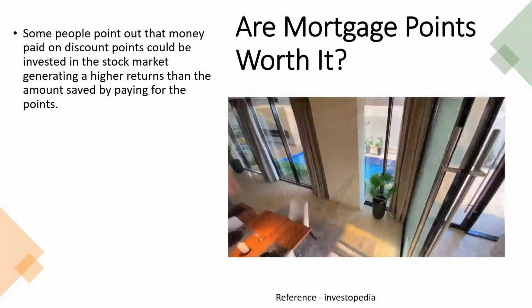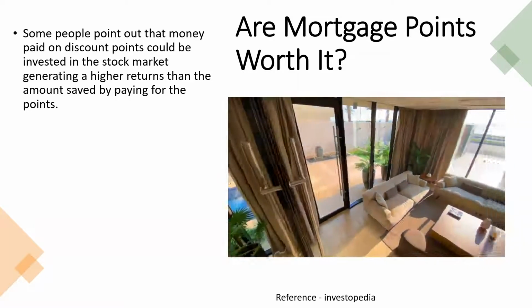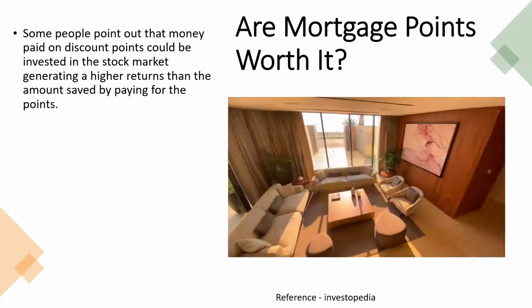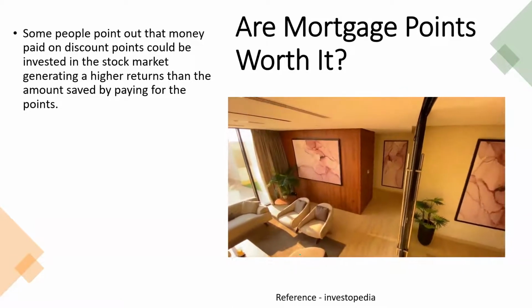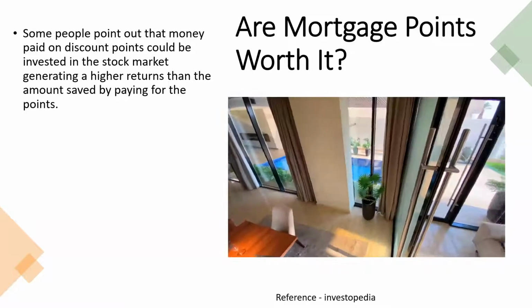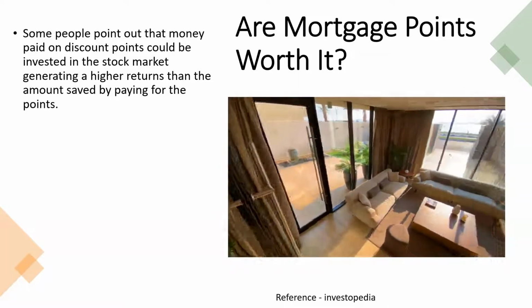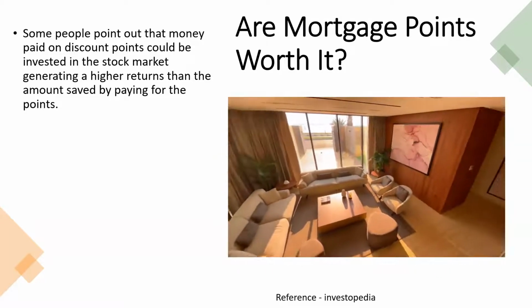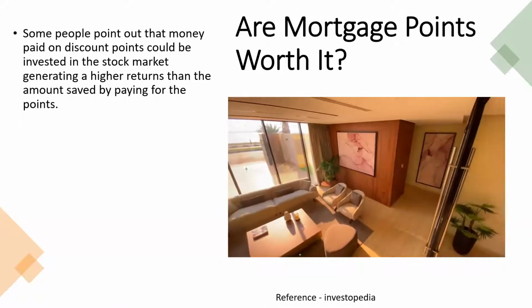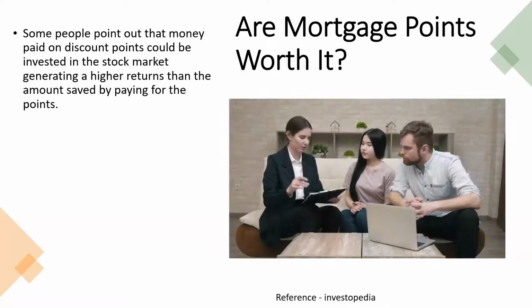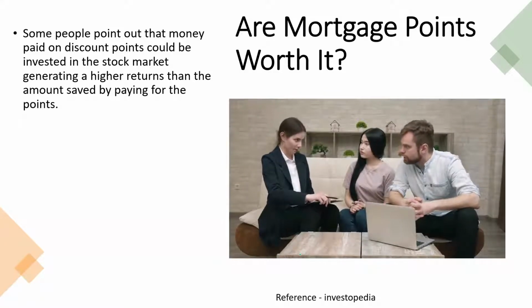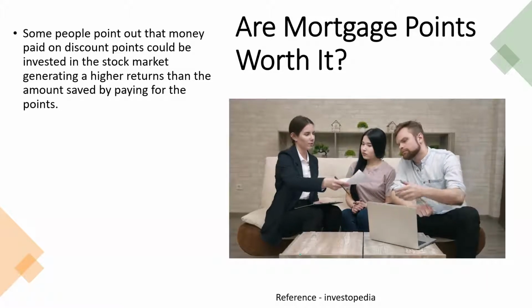I could take that money and put it into the stock market and hopefully earn a return much higher than the decrease in the rate. That may well be true. However, there's risk you're taking on, and what you're kind of doing is trying to secure that your home is going to be secure as well. So there's a risk-reward tradeoff between those two things. Time value of money: what else could I do with the money?